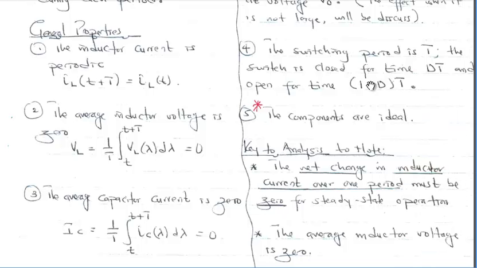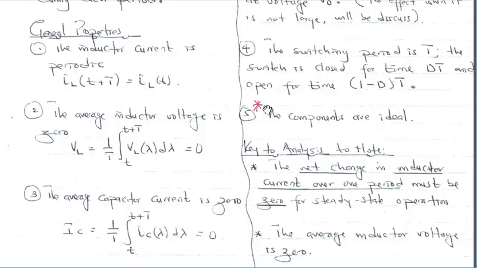Anytime the switch is closed and we are doing analysis, that time period is given by the duty ratio times T. And anytime the switch is open and we are doing analysis, that time period is given by 1 minus the duty ratio multiplied by the period T.